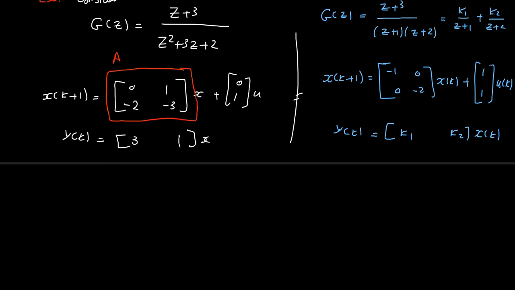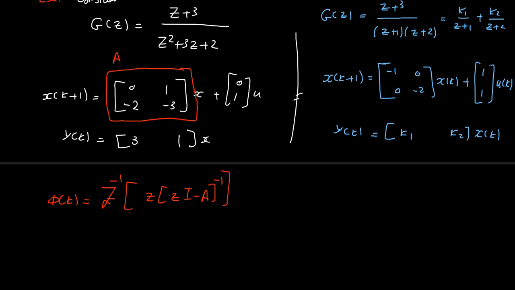So now if I need to find phi of k, I need to do the inverse Z of (zI minus A) inverse.